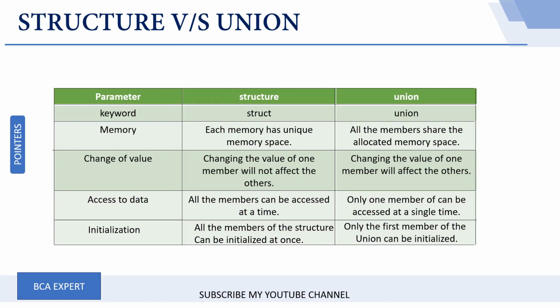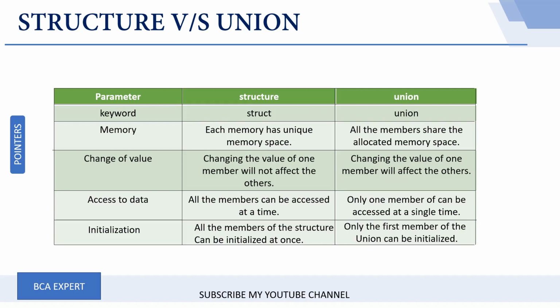For example, ID has a unique memory space, name has its own unique space, and followed by that, even percentage has its own unique space. When it comes to a union, one complete block of memory is allocated for the union, and all the data members share that allocated memory.